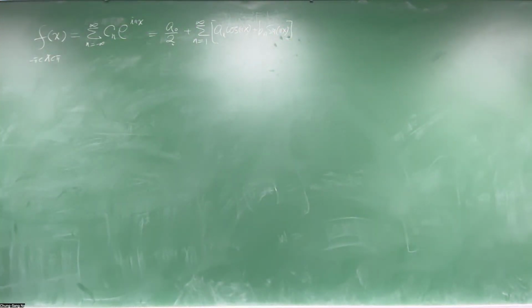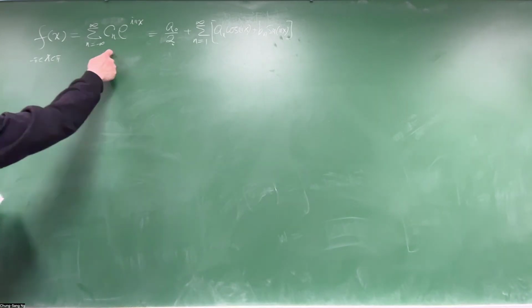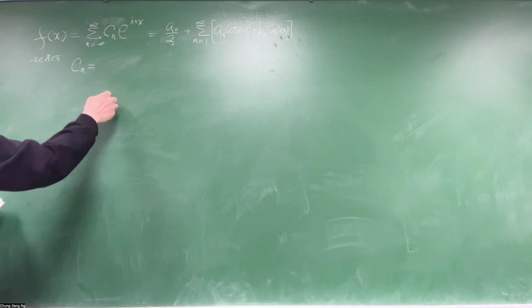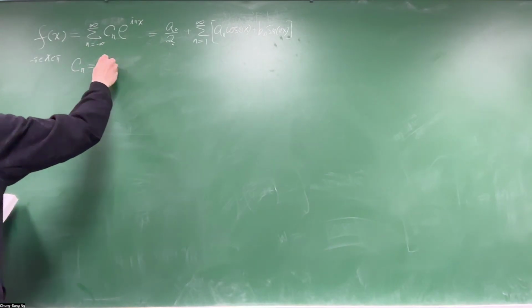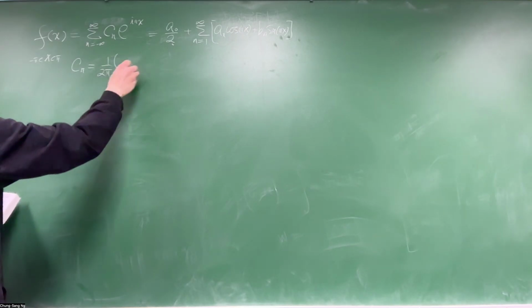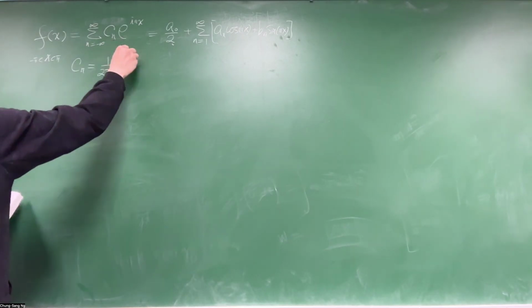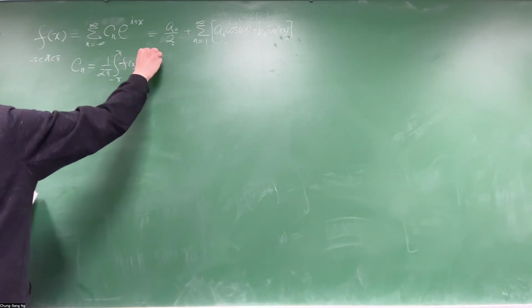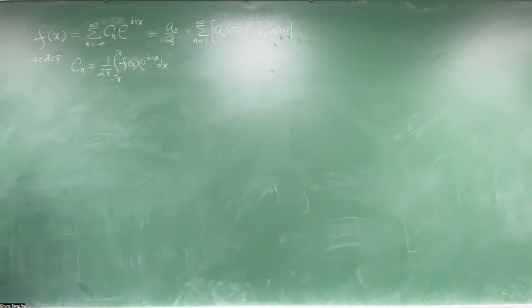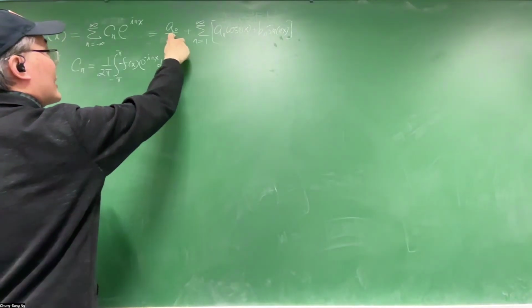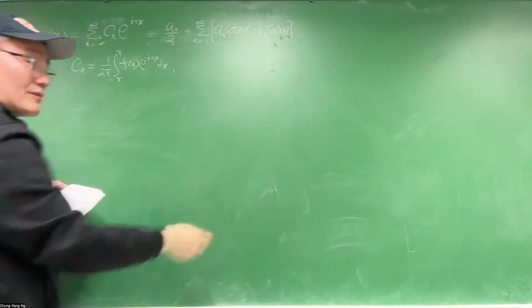Okay, and then we derive the formula for C sub n. So C sub n is the integral over the period of x, right? And likewise, you can translate to the equivalent formula to calculate a sub n and b sub n.